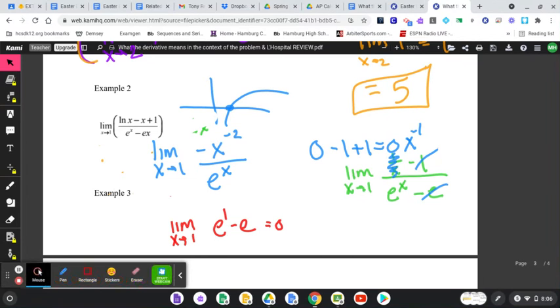And then I'll just go back and substitute my 1 in again. So I'll give you a moment. Substitute your 1 in to the top and bottom and see what you get.